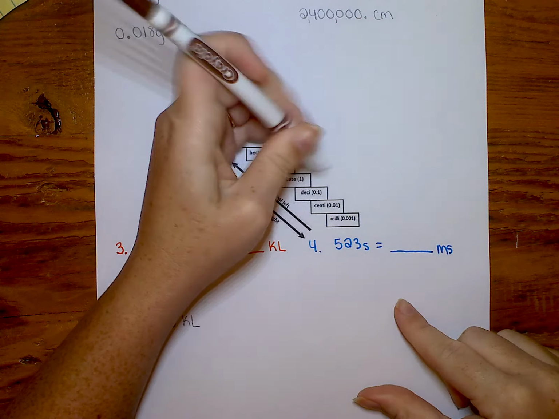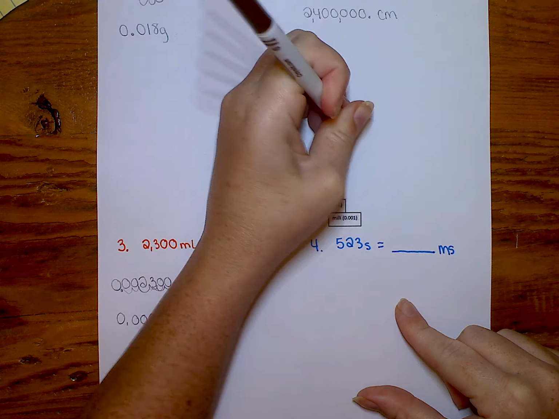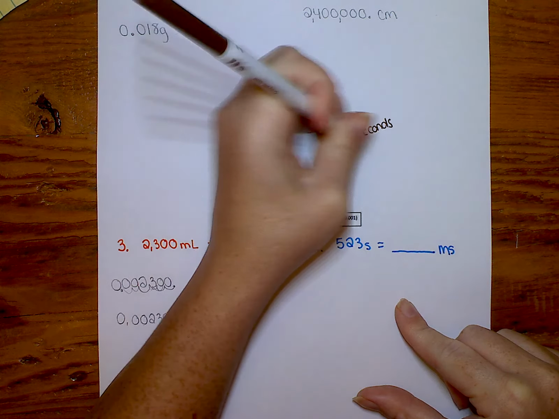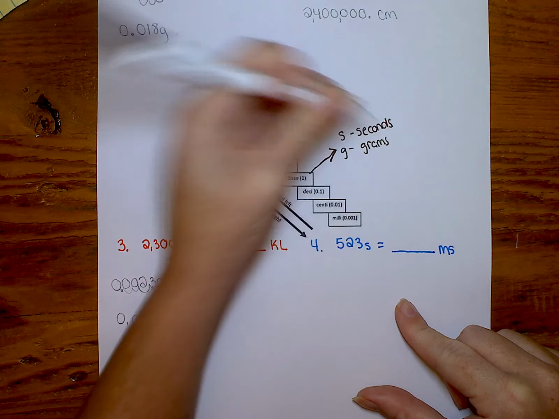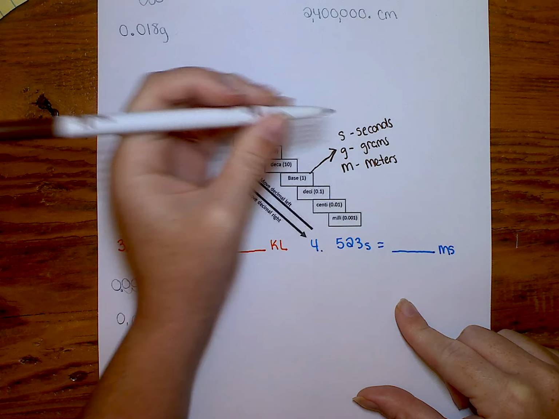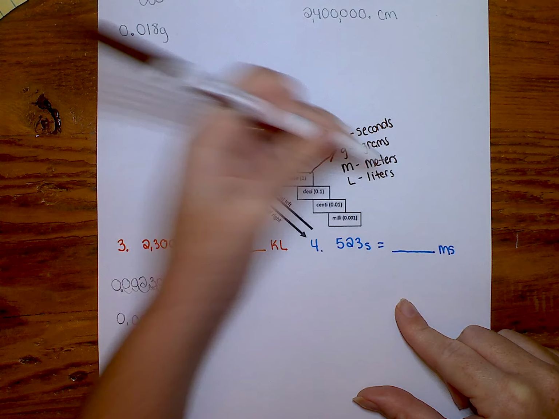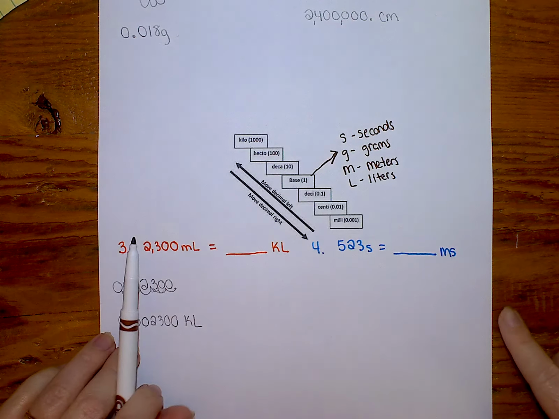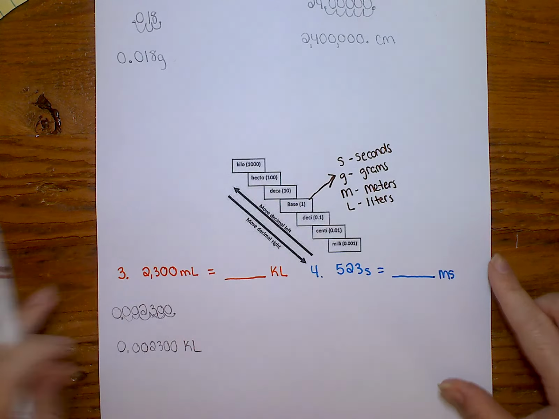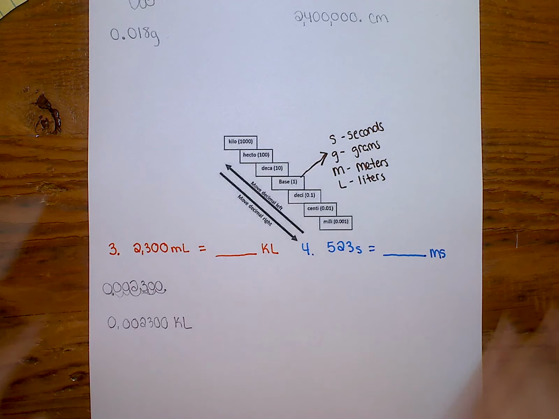Our base units come from our SI units, and that's going to be S for seconds, G for grams, M for meters, and L for liters. As you see with these, those are our base. They don't have anything in front of them. There's no prefix because it's our base.